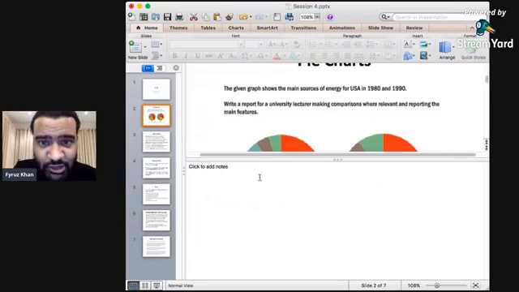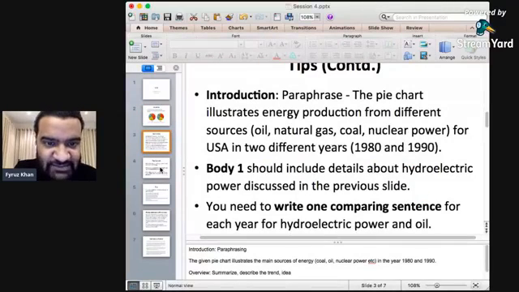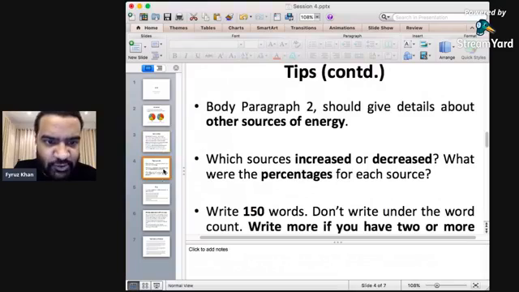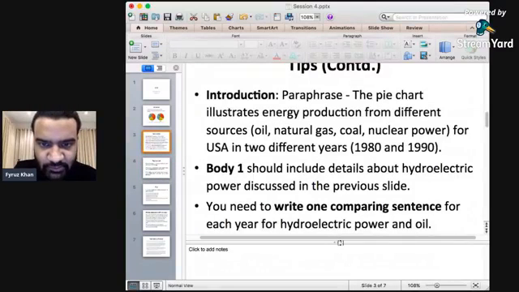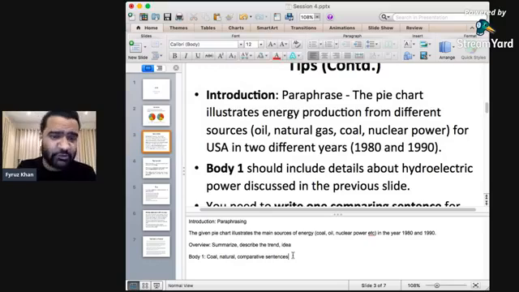If you look at your chart, they have written here, make comparisons wherever relevant. So this is quite important. Compare. So that's your body one, if I'm not mistaken. We're going to talk about coal and natural gas.